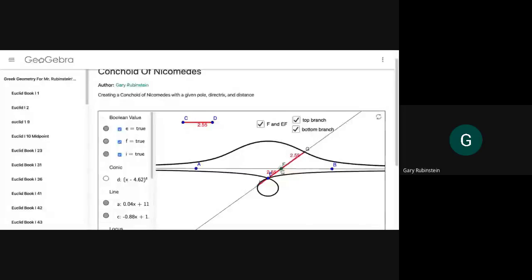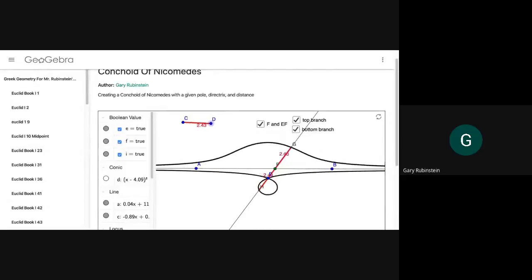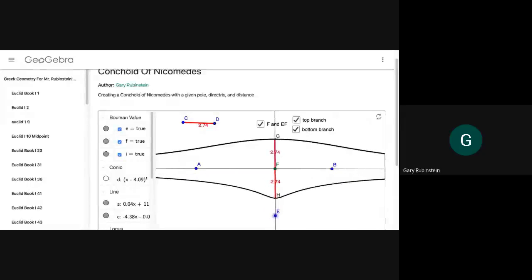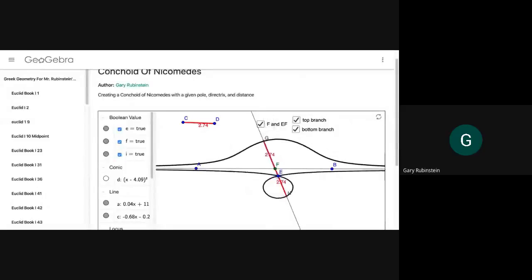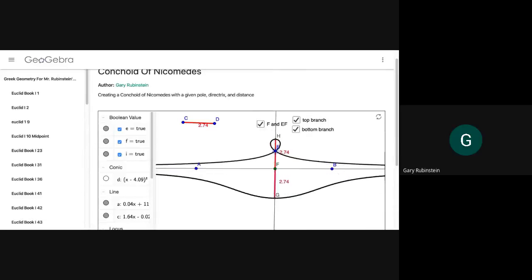So now you can look at this a little better. You can see this happening, but look what happens if I change the distance, my conchoid changes also. And that also goes if I change the pole. Actually, if I make it too low, I don't get a loop-de-loop on the bottom anymore. And if I make it really close to the center, it ends up looking almost like a circle. And if I go above, the loop-de-loop goes on the bottom.